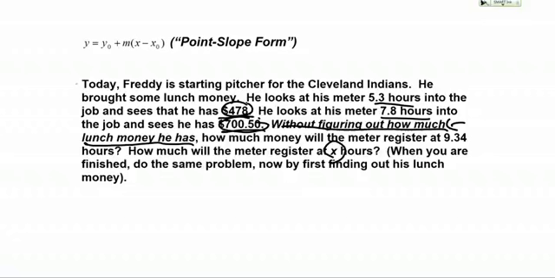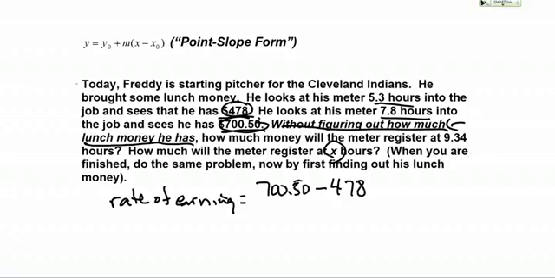Can we figure out how much money he's earned over that period of time? Well, sure. The rate of earning, or his hourly wage, is how much money he earned over that period of time. So that's going to be $700.50 minus $478.